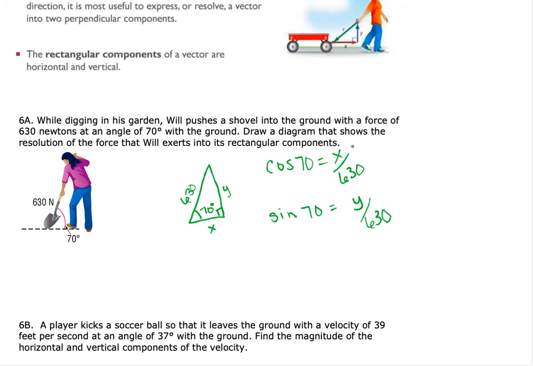I'll throw those into my calculator. For the horizontal force, I get approximately 215.5 newtons, and for the vertical, I get 592 newtons. So this is my horizontal and this is my vertical.